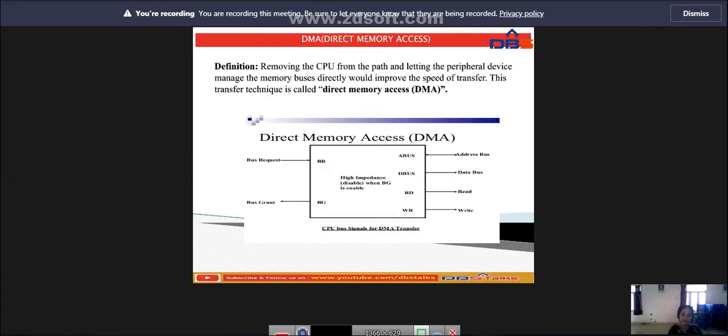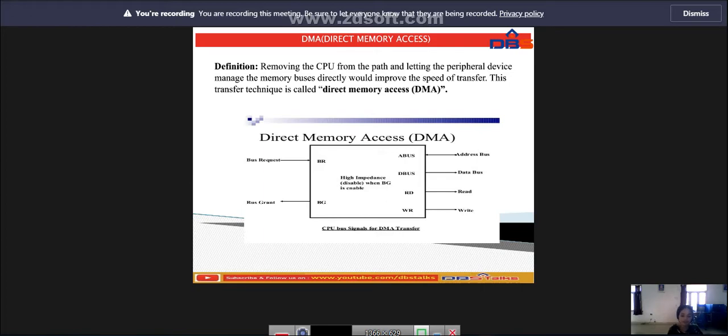This transfer technique is called direct memory access. Peripheral devices means keyboard, mouse and so on.